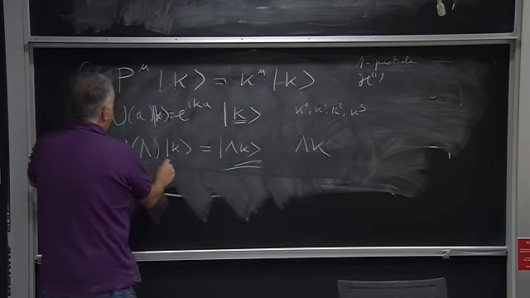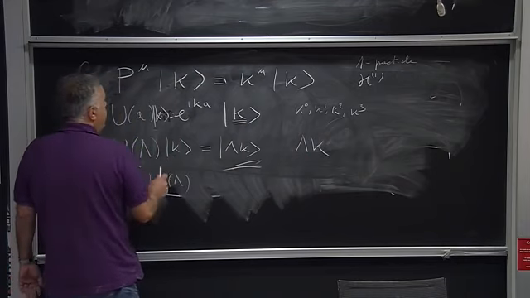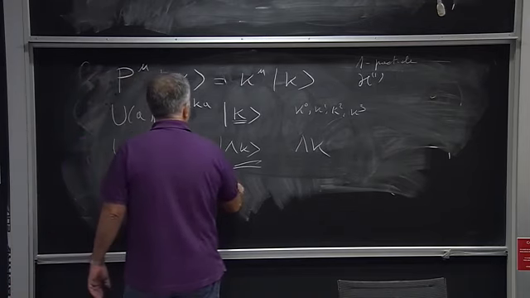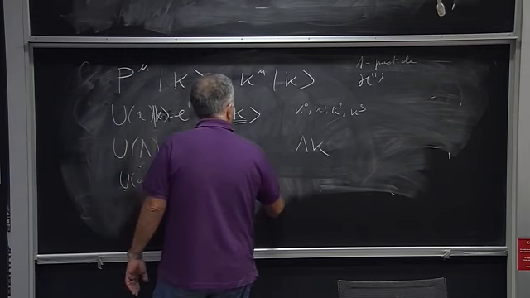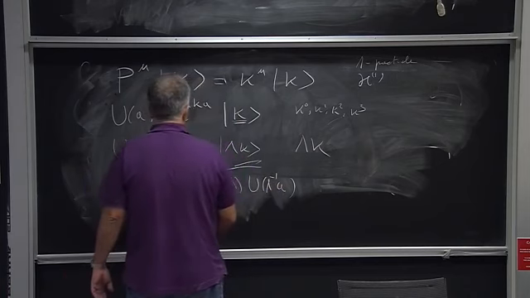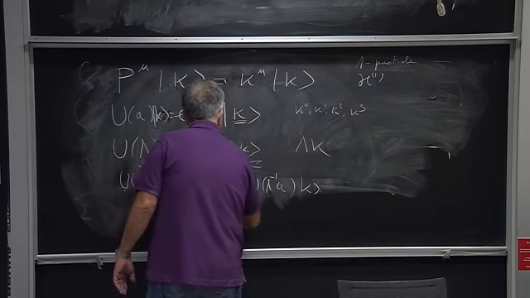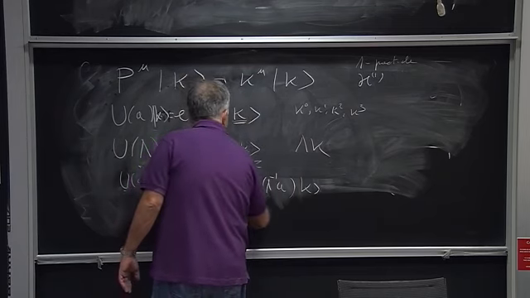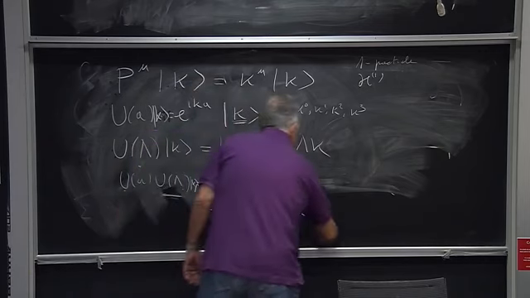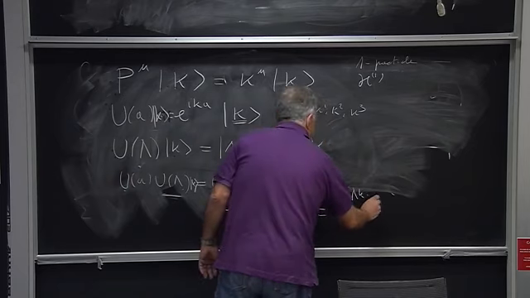You go from here to here by commuting U of a with U of lambda, and by knowing that this is U of lambda minus 1 a. So you apply this to k, and you get e to the i k lambda minus 1 a U of lambda of k, and this is U of lambda k, e to the i lambda k a.